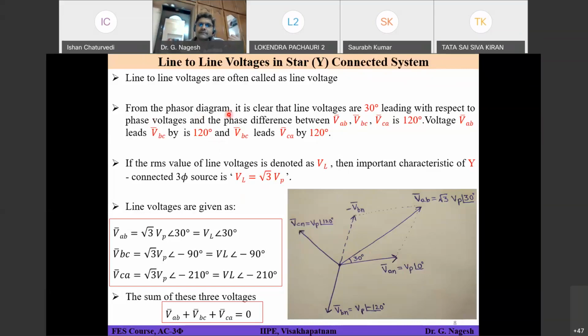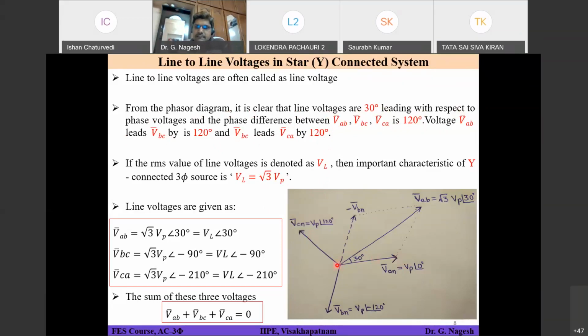From the phasor diagram, it is clear that line voltages are 30 degrees leading with respect to the phase voltages, and the phase difference between VAB, VBC and VCA is 120 degrees. VAB leads VBC by 120 and VBC leads VCA by 120. If you consider a three-phase star connected system, this is how you represent your phase voltages.